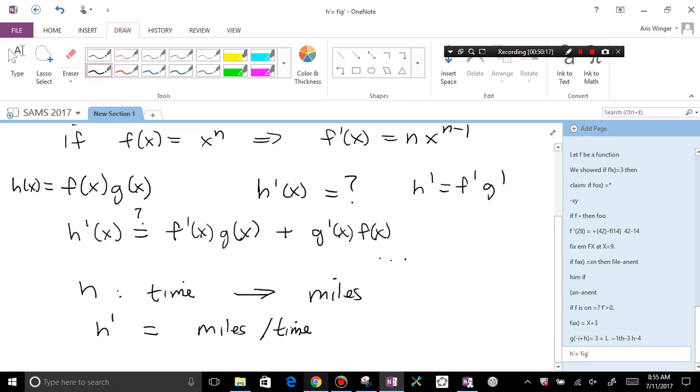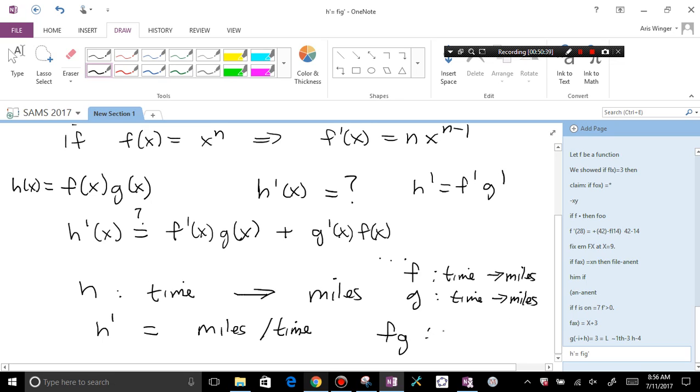So let's suppose f and g were in the same units. Suppose f took time to miles and g took time to miles. What does fg do? It takes time to miles squared.